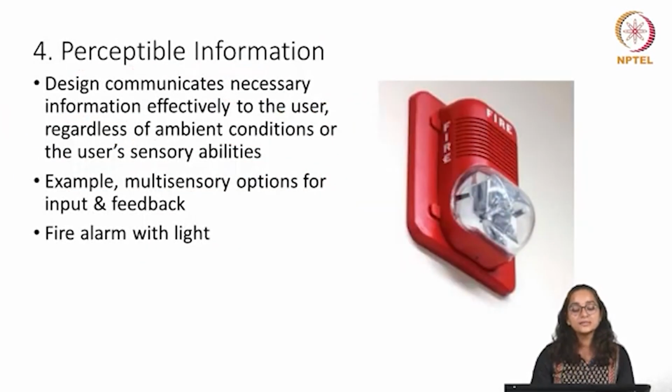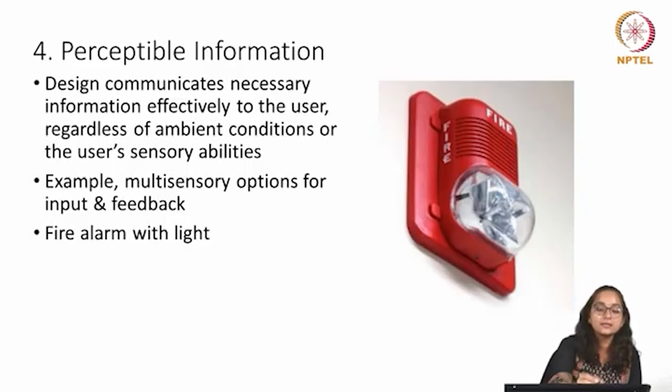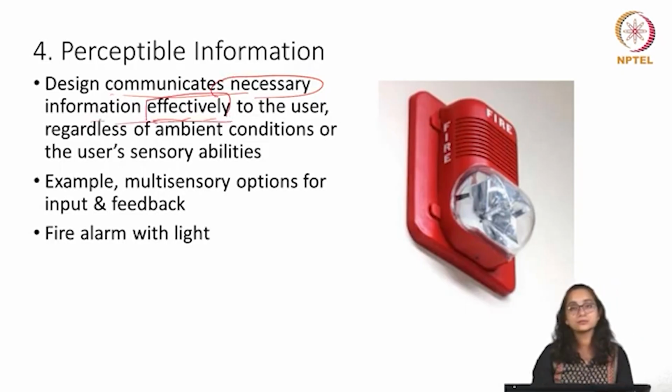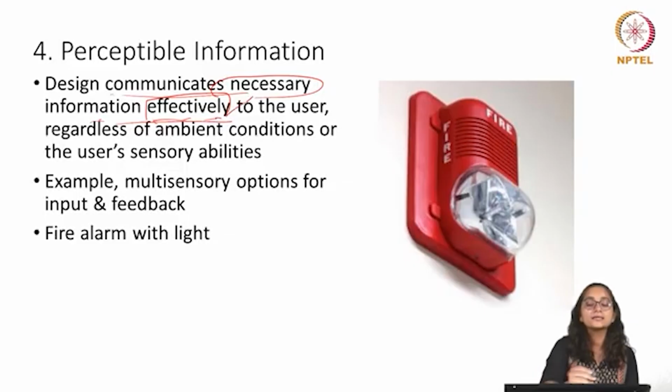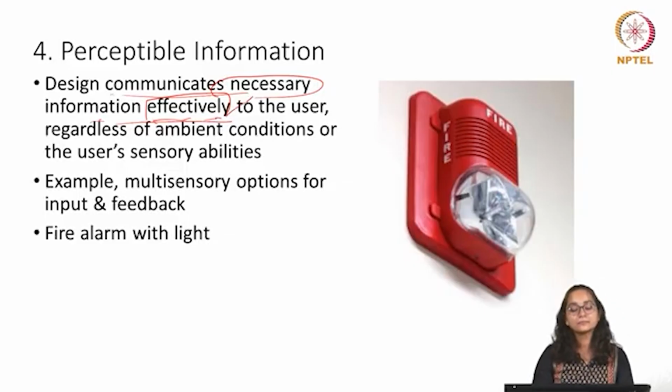The fourth is perceptible information. What it means is that your design is able to communicate necessary information effectively to the user. These two terms are key in this point, regardless of the ambient condition or the user's sensory abilities.